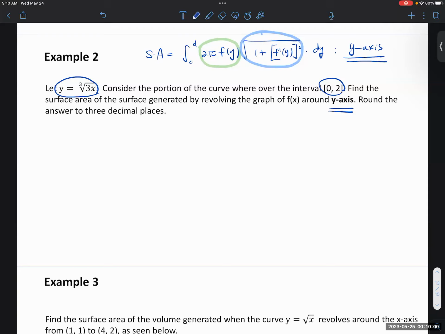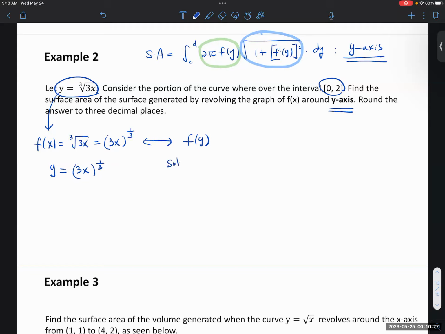But here, the function is given in terms of x. So 3 radical 3x. This means 3x to the 1 over 3. I want to convert it to the f of y function, so what we're going to do is solve for y, correct? So we are going to convert it. This means y equals 3x to the 1 over 3.